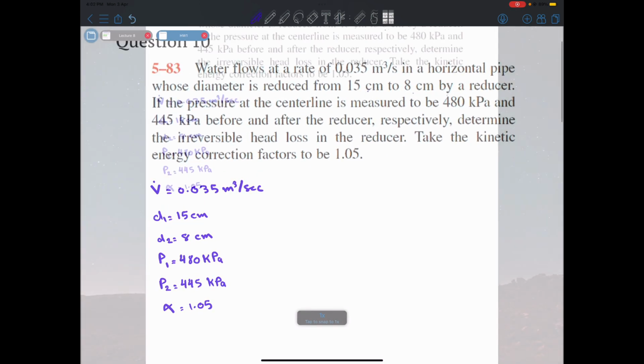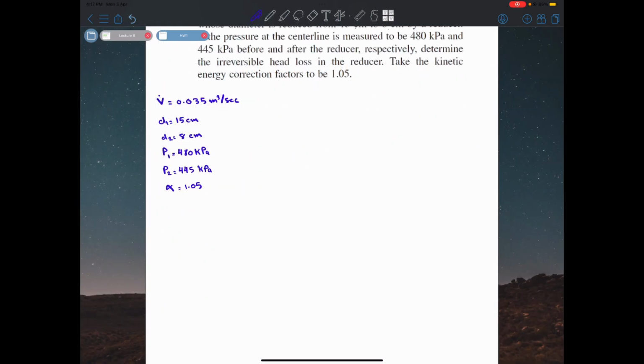Now we are required to find the head loss. First of all, to find the head loss, we have to find the value of the mass flow rate, and I will use the formula of mass flow rate, which is density times the volume flow rate.